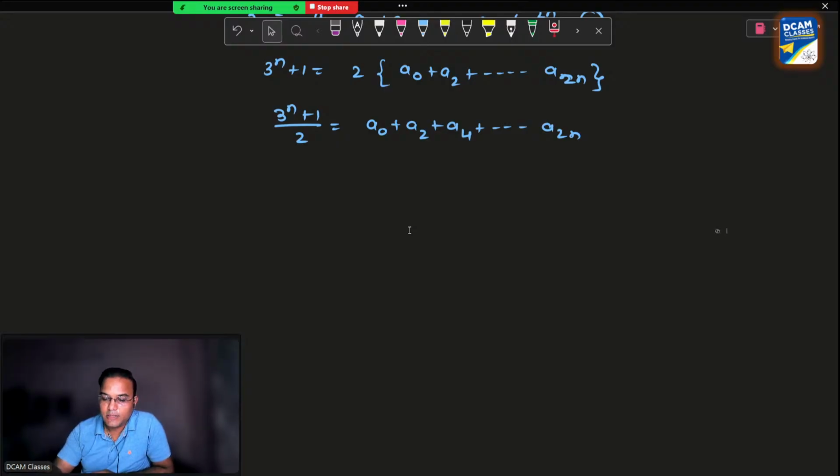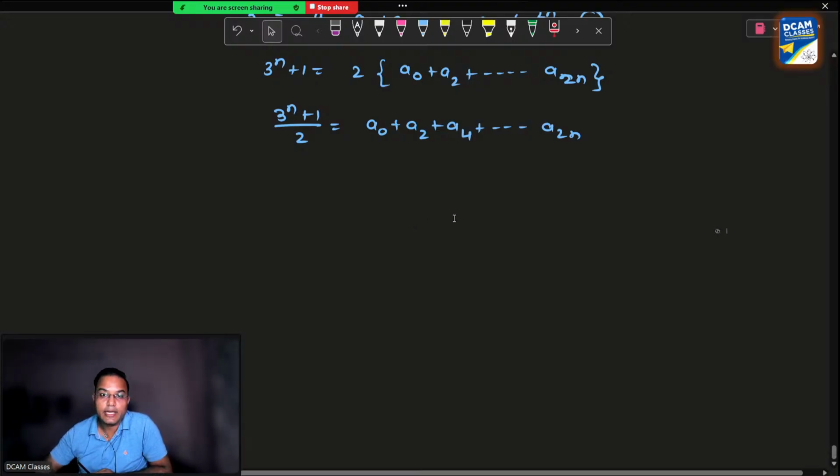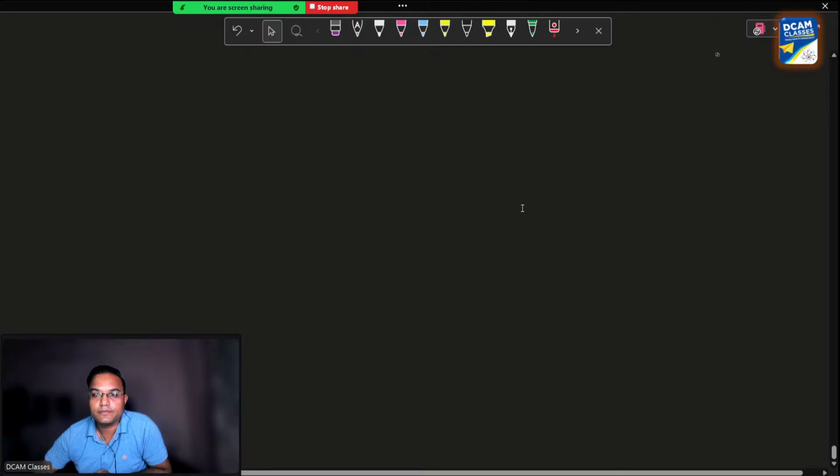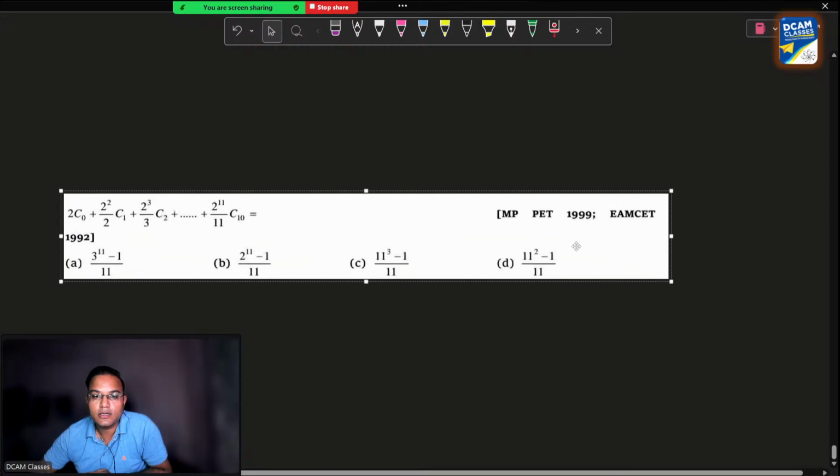Actually, the multinomial theorem that I'll be teaching you is an advanced concept, not being taught to you. The next class will be fully based on advanced concepts, both of advanced level. Up to JEE Main, everything is covered here.